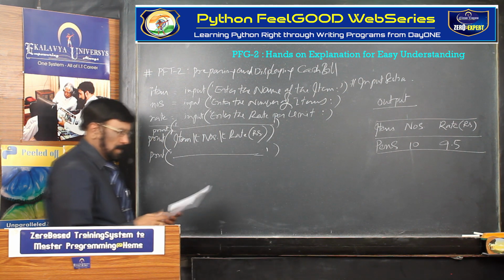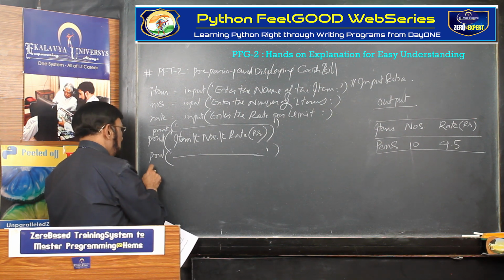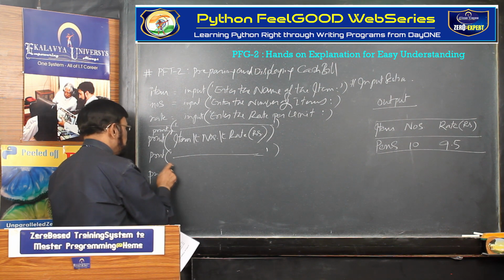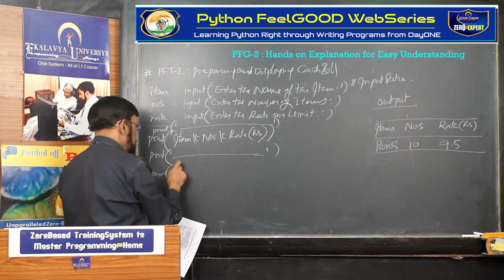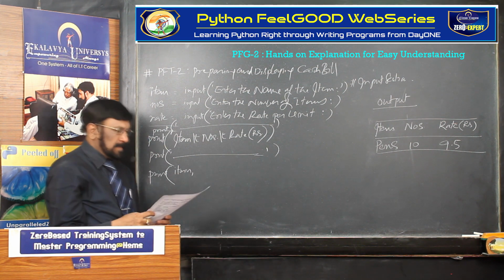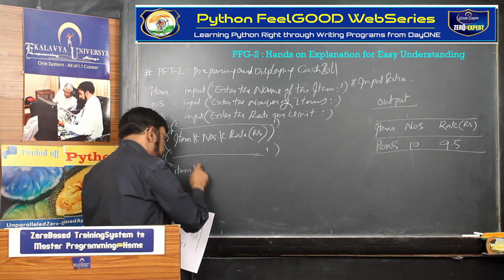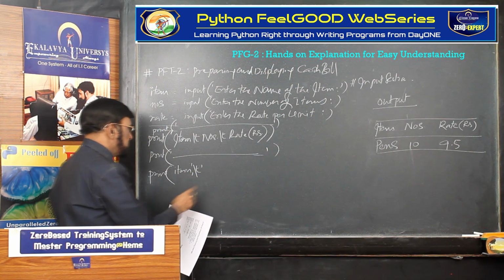Now thereafter again print. What is the first? Which name have you given? The variables you are writing. Item. Thereafter, horizontal tab. Horizontal tab should be written in a string.